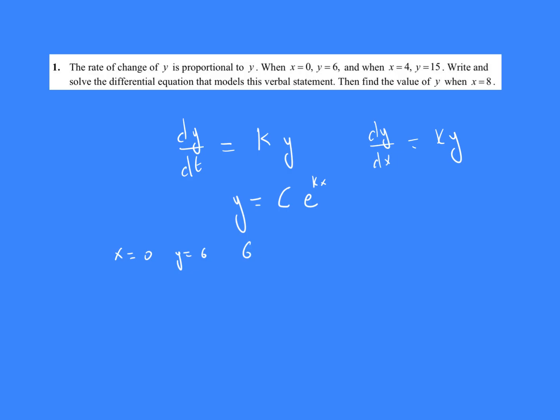So 6 will be c e to the k times 0, and e to the 0 is 1, so 6 will be c times 1. So c will be 6. So the equation is 6 e to the kx, but still we don't know the k.